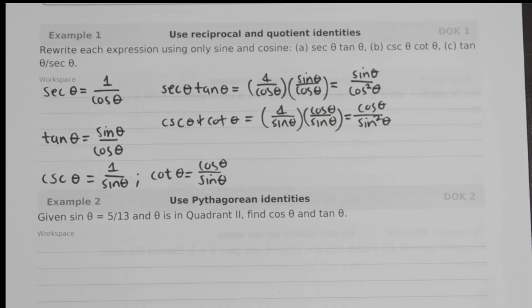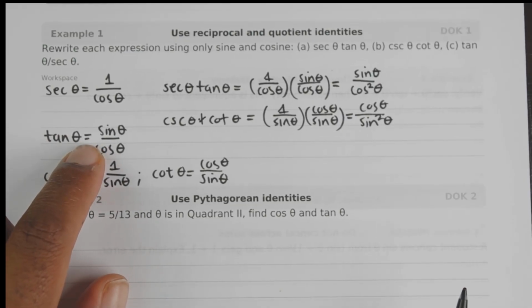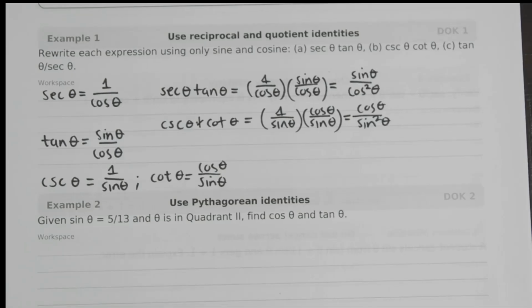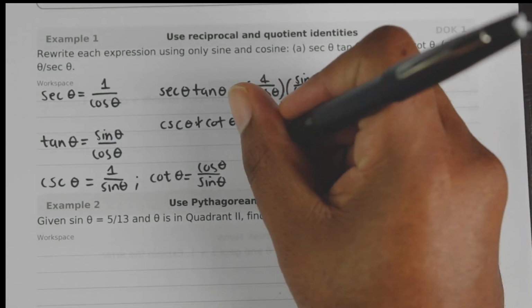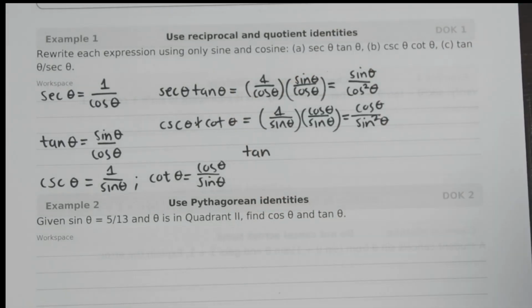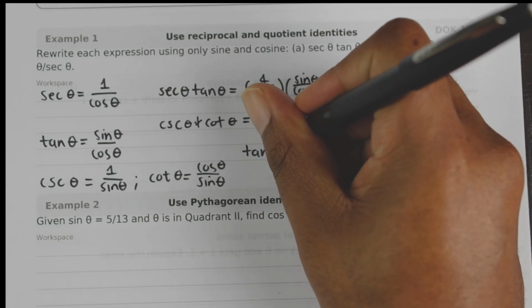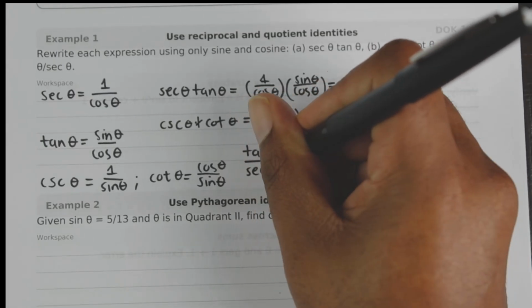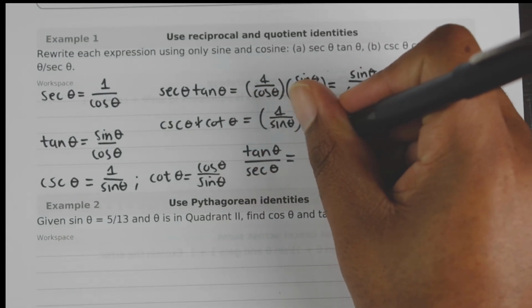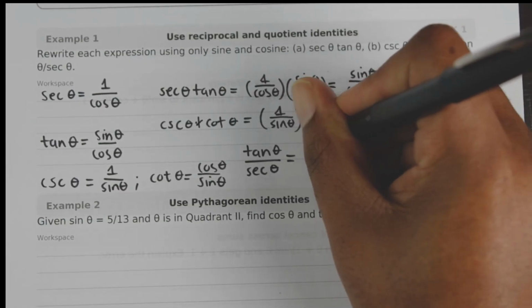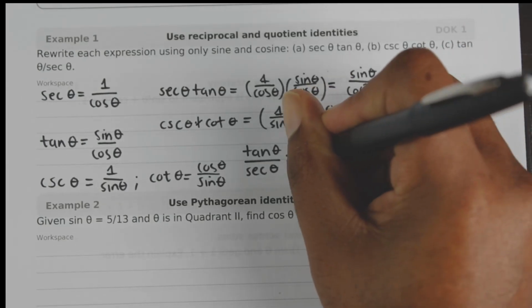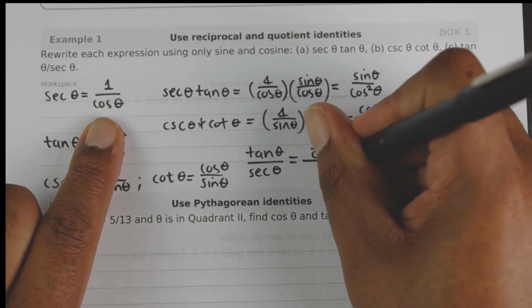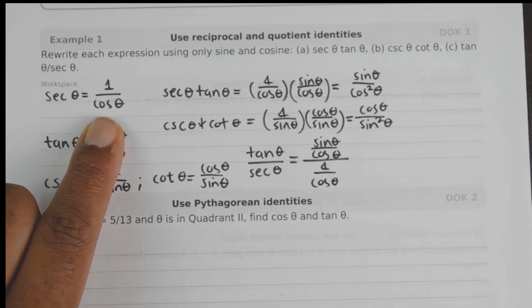Tan theta is sine over cosine, and we're going to divide that by secant theta, which is 1 over cosine theta.